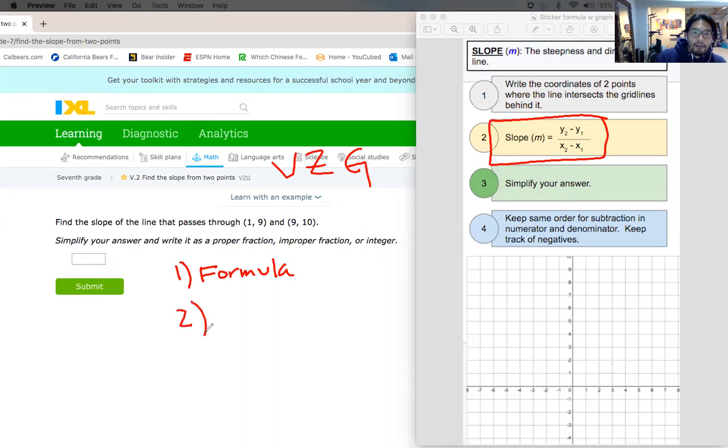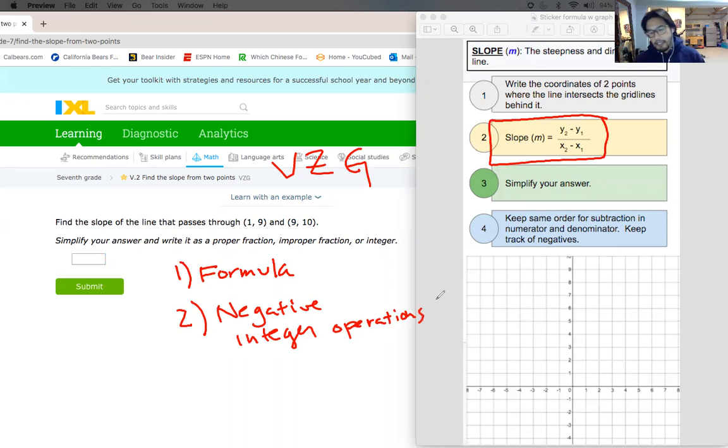Second, there are a lot of negative integer operations. So you're going to have to deal with adding and subtracting, a little bit of division of negative numbers. So keep that in mind. And if you have some trouble with negative integer operations, like if that's the part that trips you up a little when we're doing that, make sure we talk about it.